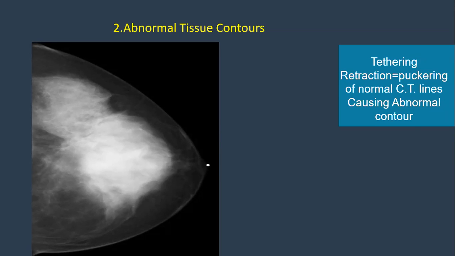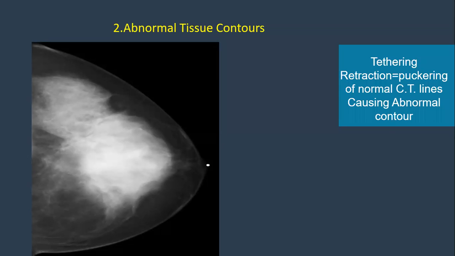The contour deformity can have different appearances. In this case, you see there is tethering and retraction and buckling of the normal connective tissue, causing abnormal contour.